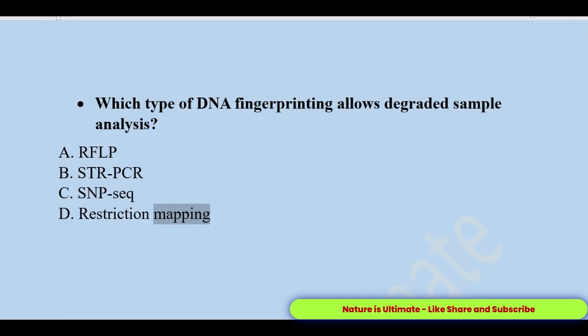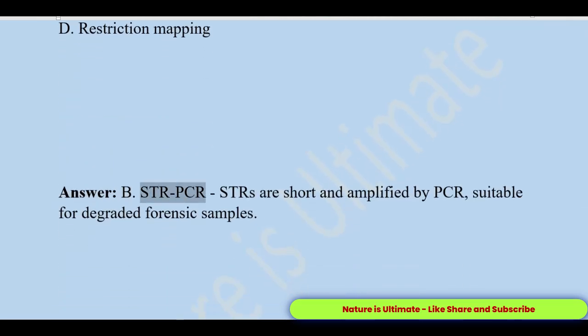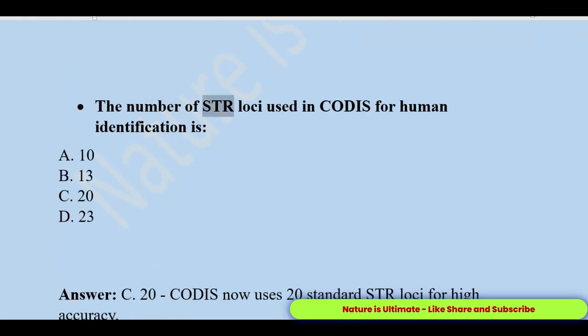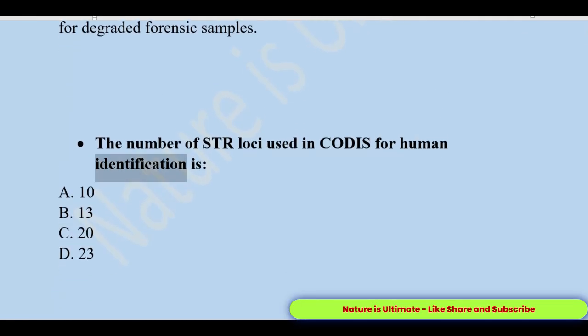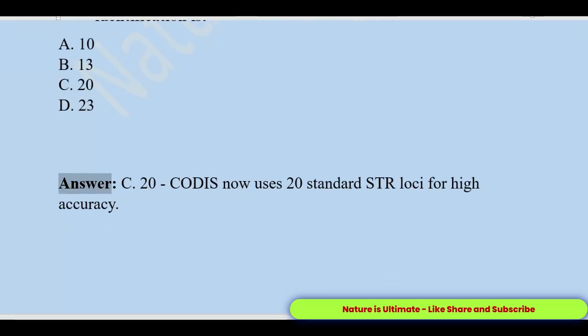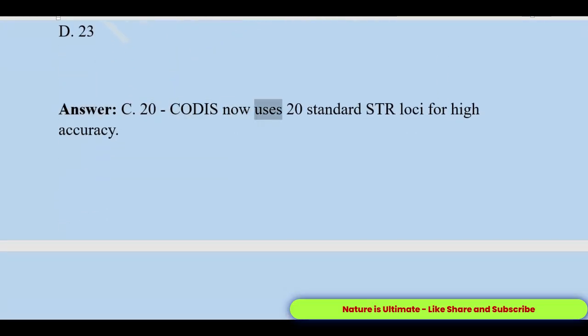D. Restriction mapping. Answer, B. STR-PCR. STRs are short and amplified by PCR, suitable for degraded forensic samples. The number of STR loci used in CODIS for human identification is A. 10, B. 13, C. 20, D. 23. Answer, C. 20. CODIS now uses 20 standard STR loci for high accuracy.